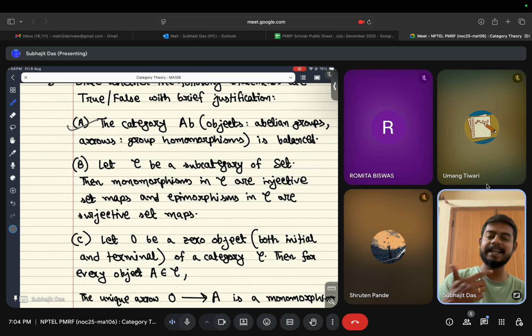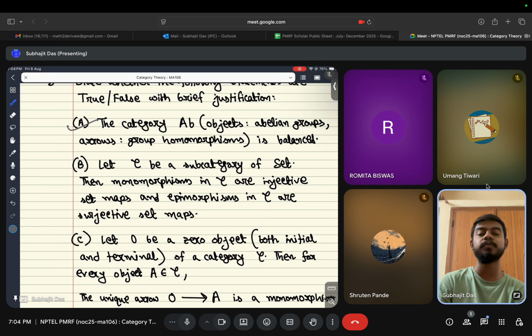And since it's a category, it inherits all the structure from D, in the sense that if you take an arbitrary arrow in C, its domain object and its codomain object should be in C. C should be closed under compositions. C should be closed under identities. That's all. Right. So assume that C is a subcategory of Set. Then monomorphisms in C are injective set maps and epimorphisms in C are surjective set maps.